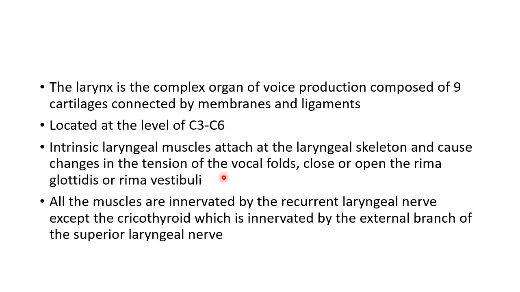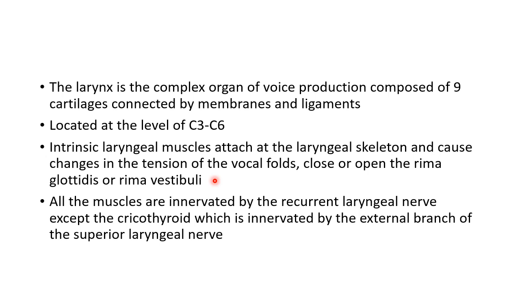How does the larynx produce sound? There are muscles that attach to the laryngeal skeleton, and when these muscles contract, they will cause a change in the tension of the vocal folds. So, if the tension in the vocal fold increases, the tightness of the vocal fold increases and the frequency or the pitch of the sound produced increases.